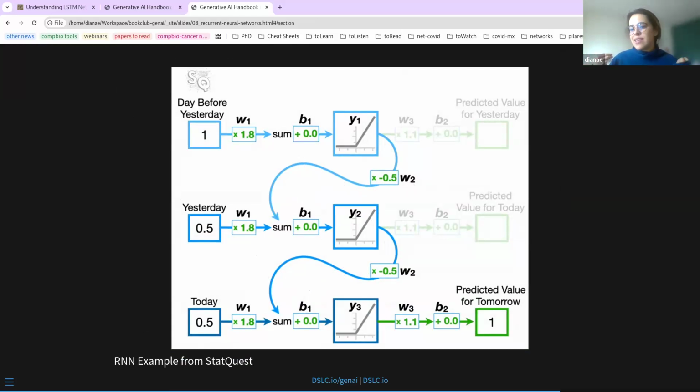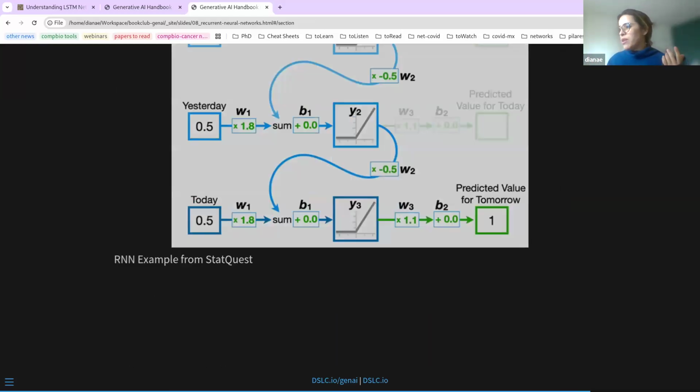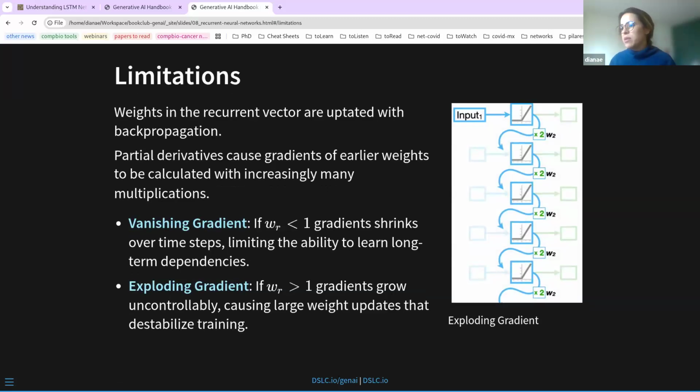When we're doing the training, as we already mentioned, we use backpropagation, and backpropagation uses the gradients and partial derivatives, and that translates into tons of multiplications. So when we have weights with values less than 1 for that hidden vector, that will mean that upon many multiplications, the value of that specific element in the vector is going to become very, very small.